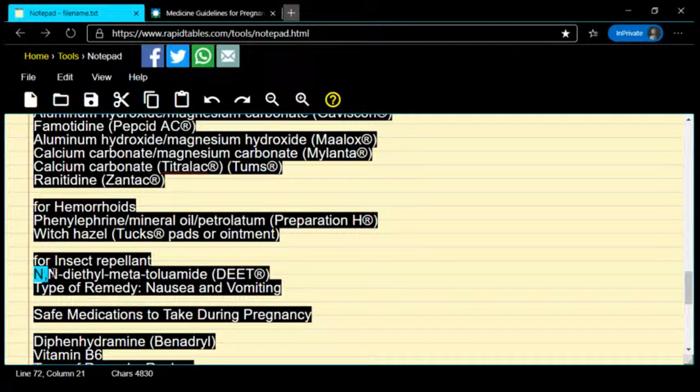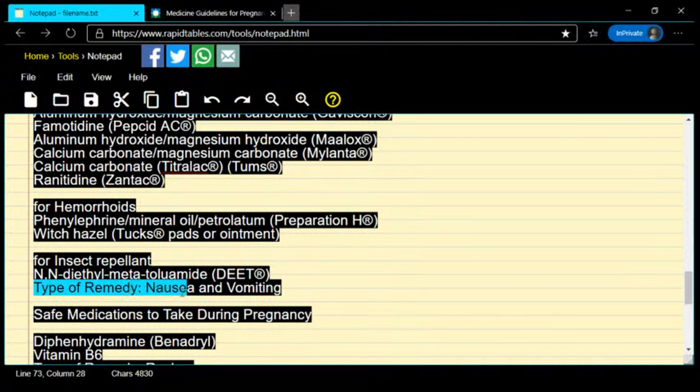We have N,N-diethyl-meta-toluamide, DEET.